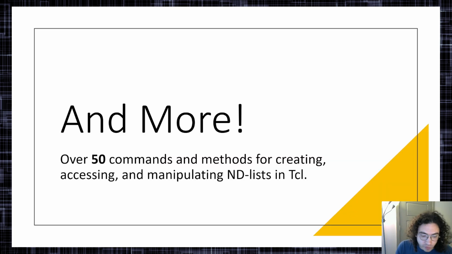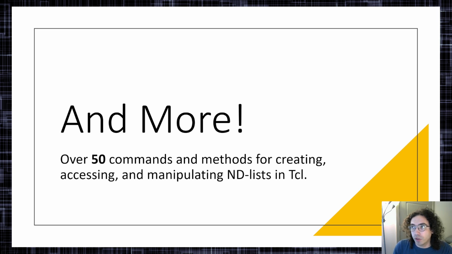Yeah, so I only covered a couple little features of ndlist. There's a lot more to it. There's a bunch of stuff for modifying the dimensions of an ndlist, slicing it, combining different ndlists together, changing the shape.